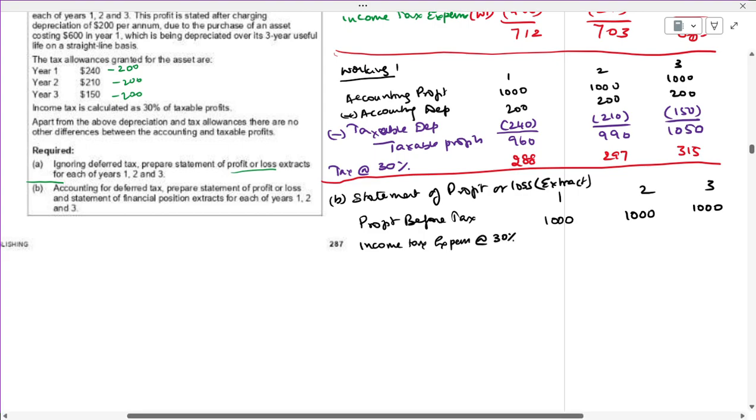Is it right? We don't have any issue as such. Here we don't have anything. 300, 300 and 300. How much will we get? 700, 700 and 700.